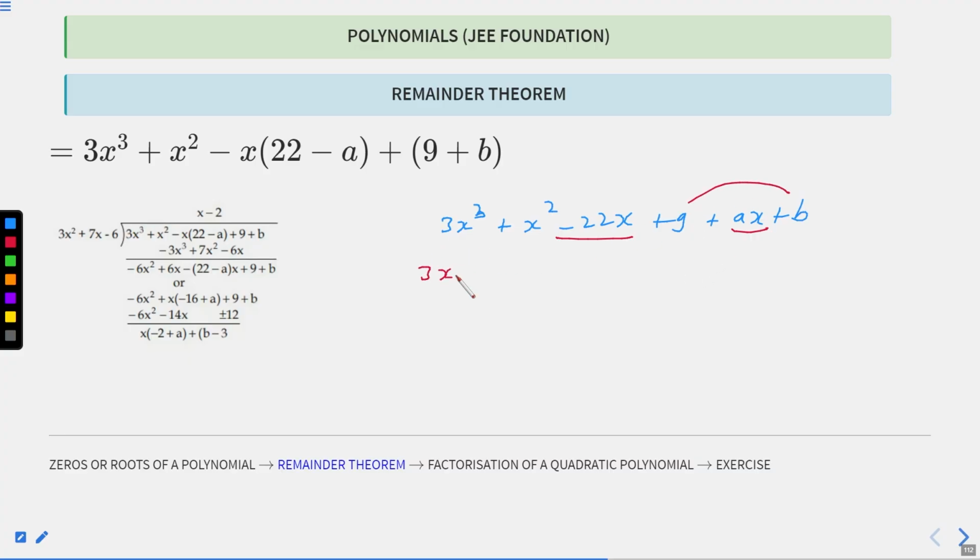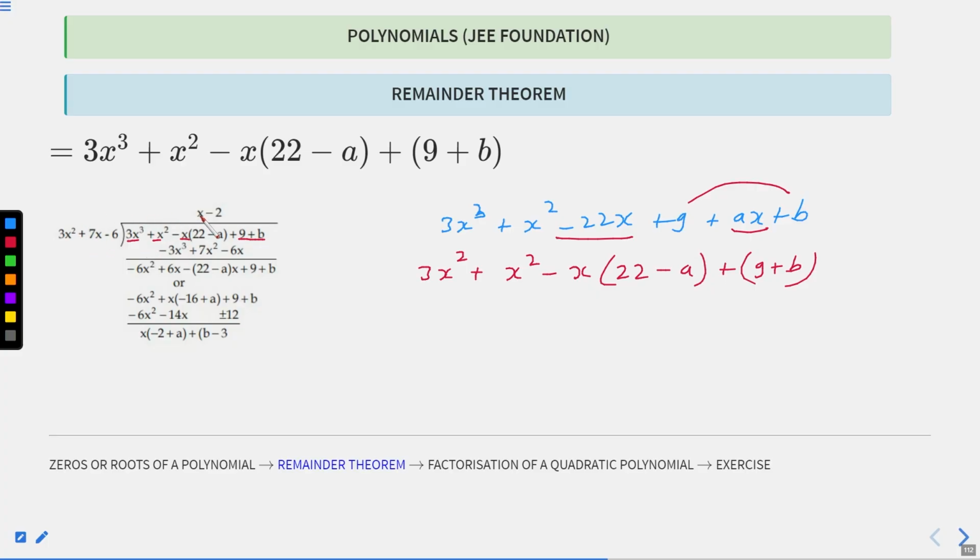After some rearrangement, the polynomial will look like this: taking minus x common, 3x cube plus x square minus x times (22 minus a) plus (9 plus b).